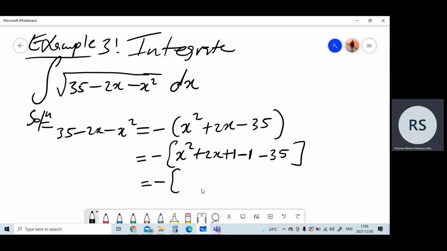From the first 3 terms, just factorize. When you factorize this, it gives you x plus 1 squared. You can check that you get these first 3 terms. And the last 2 terms are minus 35 and minus 1, which give minus 36.